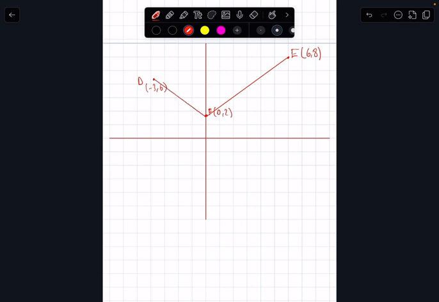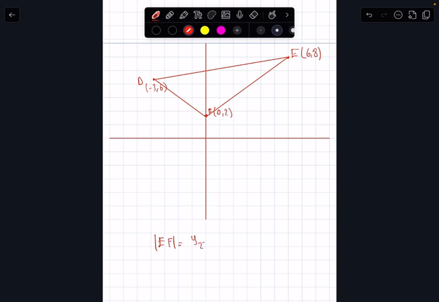So how are we gonna do it? It's easy. So let's start with EF, okay, is equal to, how can we find it?